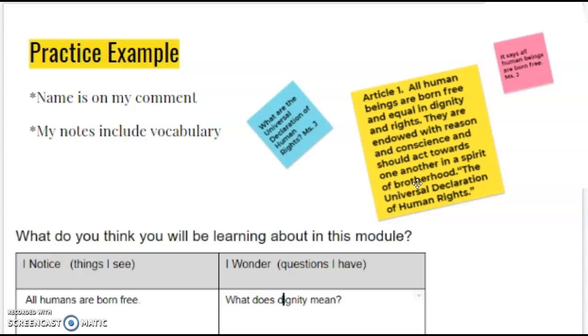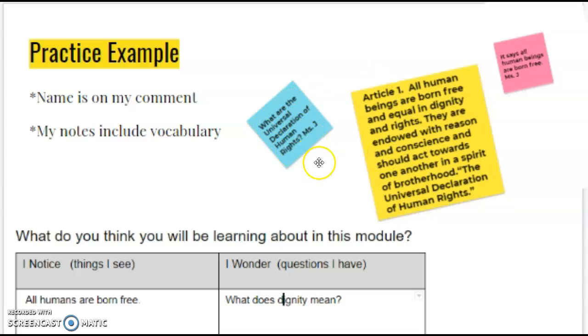They are endowed with reason and conscience and should act towards one another in the spirit of brotherhood. So after reading that, I'm going to think in my mind of one or two things that I want to extend upon or add or wonder about. So one thing I said was, I noticed here it says the Universal Declaration of Human Rights.